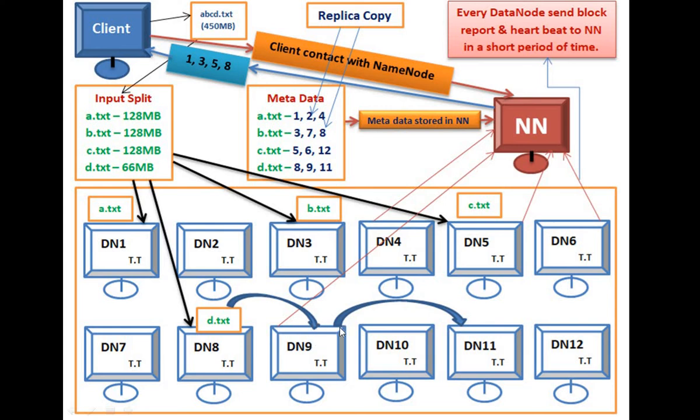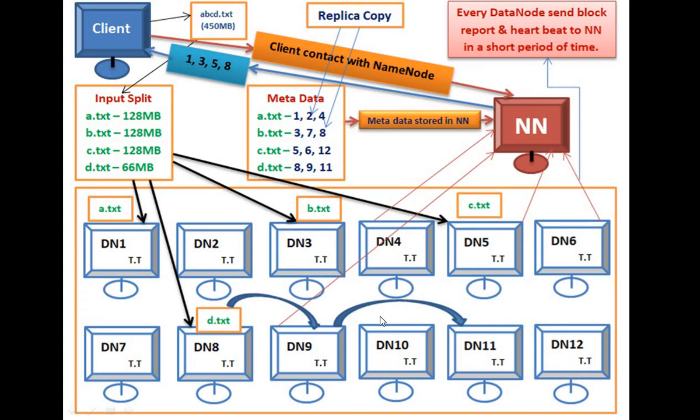In this way, when we store the second replication copy on data node 11, after storing it, it sends an acknowledgement saying: hey data node, I stored the second replication copy on data node 11 successfully. So in this way we store the input splits into these data nodes.